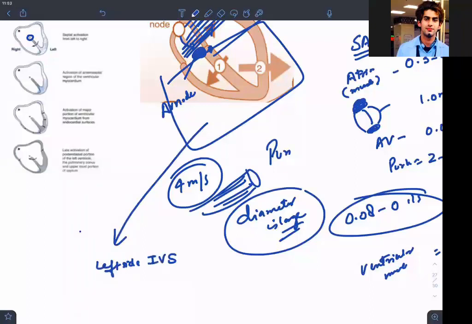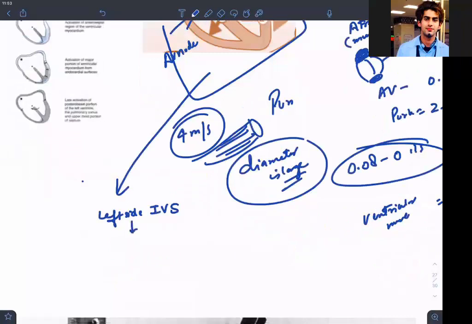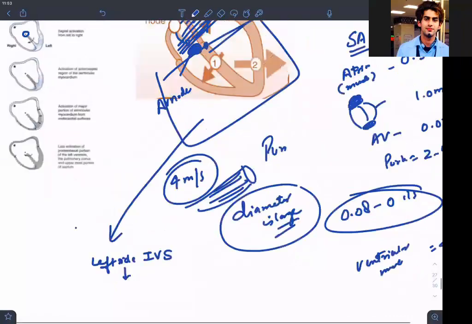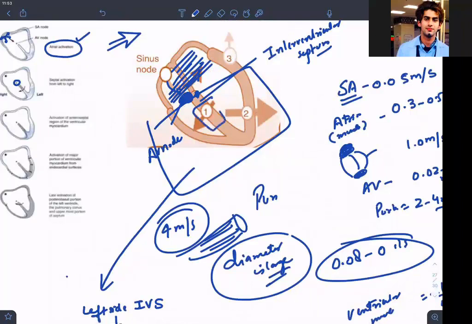After this, the current will move from left to right in the middle portion. Is this the middle portion of the interventricular septum? If I see the initial portion of the interventricular septum, that was the left side getting depolarized. When the current reaches the middle portion of the interventricular septum, it will move from left to right, isn't it?